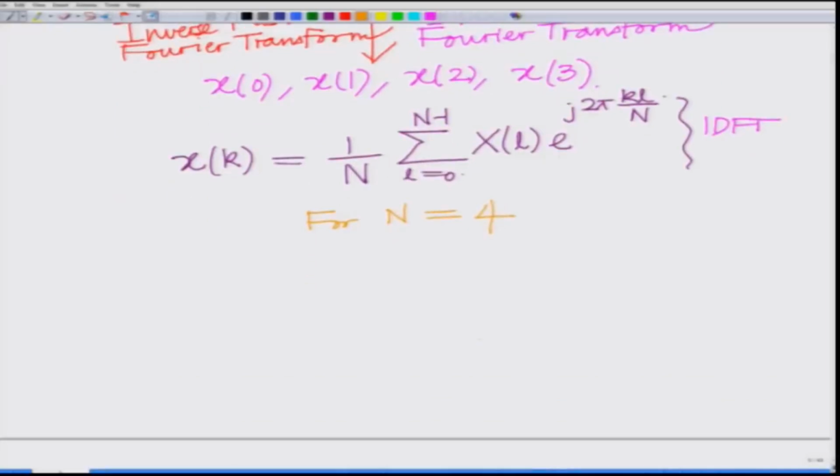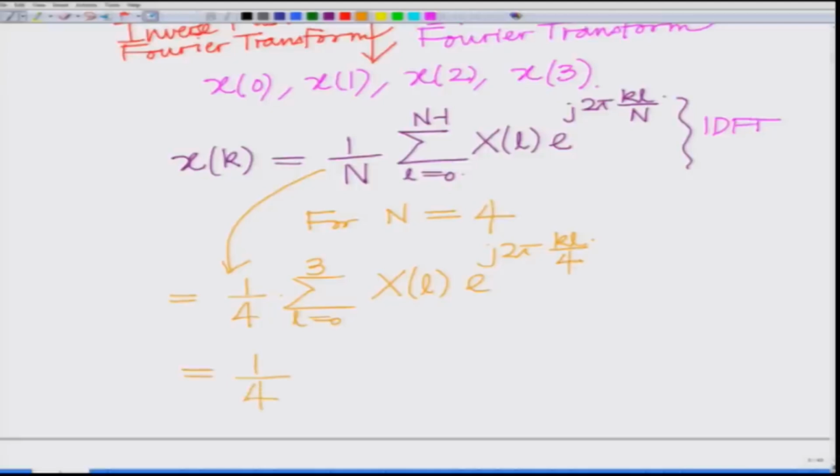For N equal to 4, this is given as x k equals 1 over 4, summation L equal to 0 to N minus 1, which is 3, capital X L e raised to j 2 pi k L divided by N, which is 4.